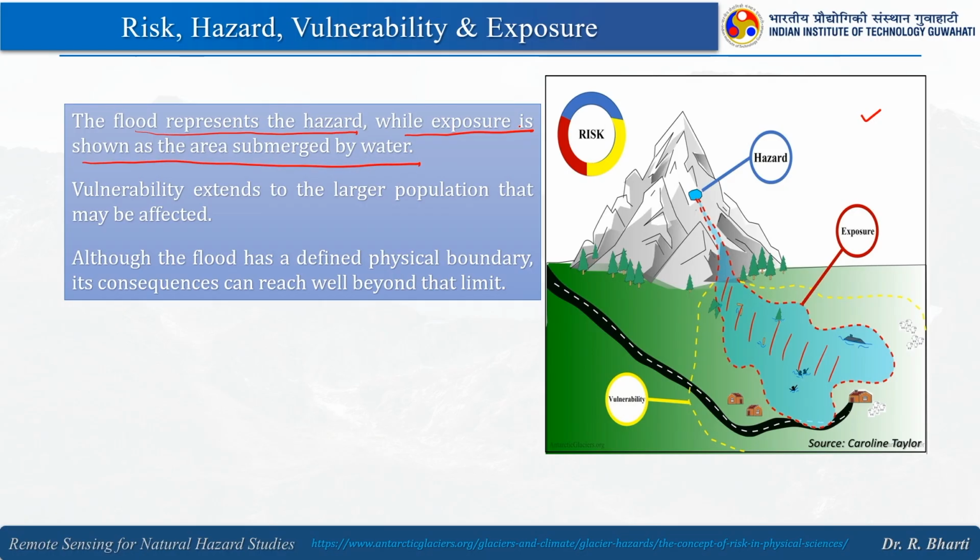This area which is submerged, that is the exposure. Vulnerability extends to the larger population that may be affected. Although the flood has a defined physical boundary, its consequences can reach well beyond that limit, right. So, I hope it is clear: risk, hazard, exposure and vulnerability, right.